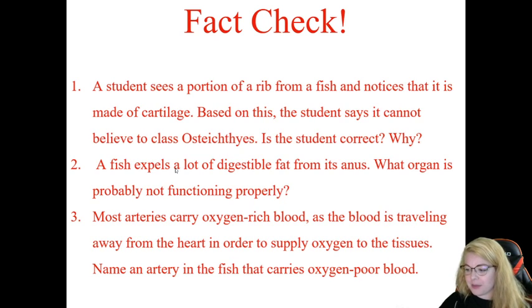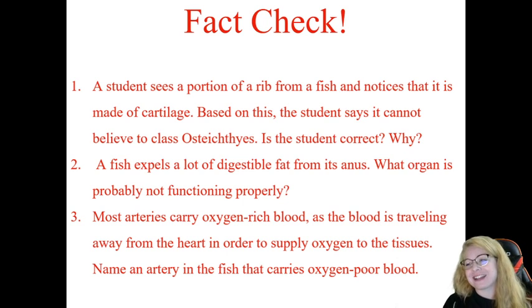Let's jump into a couple fact checks before turning to our last class of organisms that we are going to study. Number 1, a student sees a portion of a rib from a fish and notices that it is made of cartilage. Based on this, the student says it cannot belong to class Osteichthyes. You know what I'm getting at.